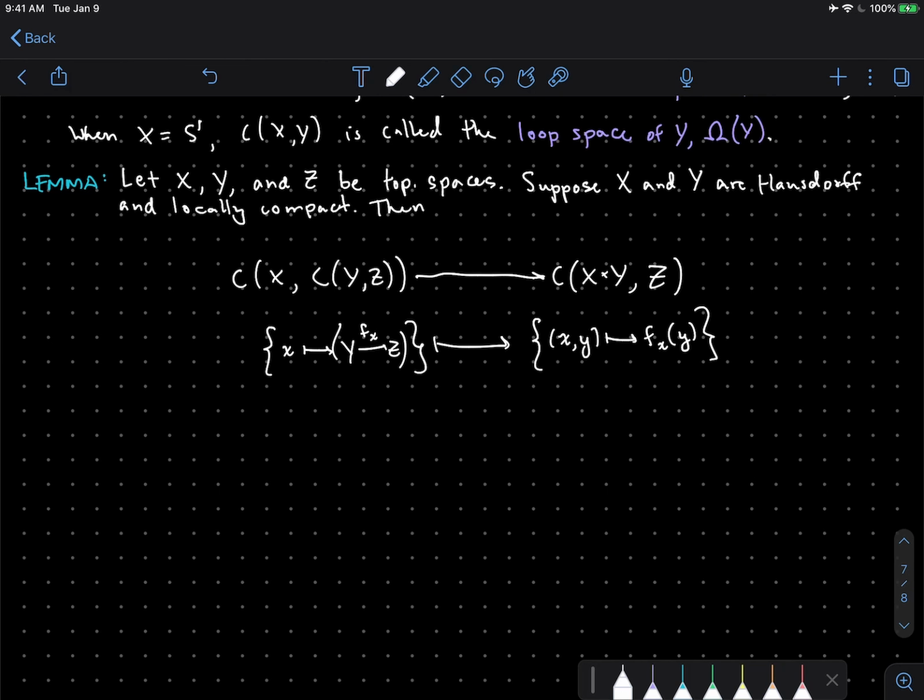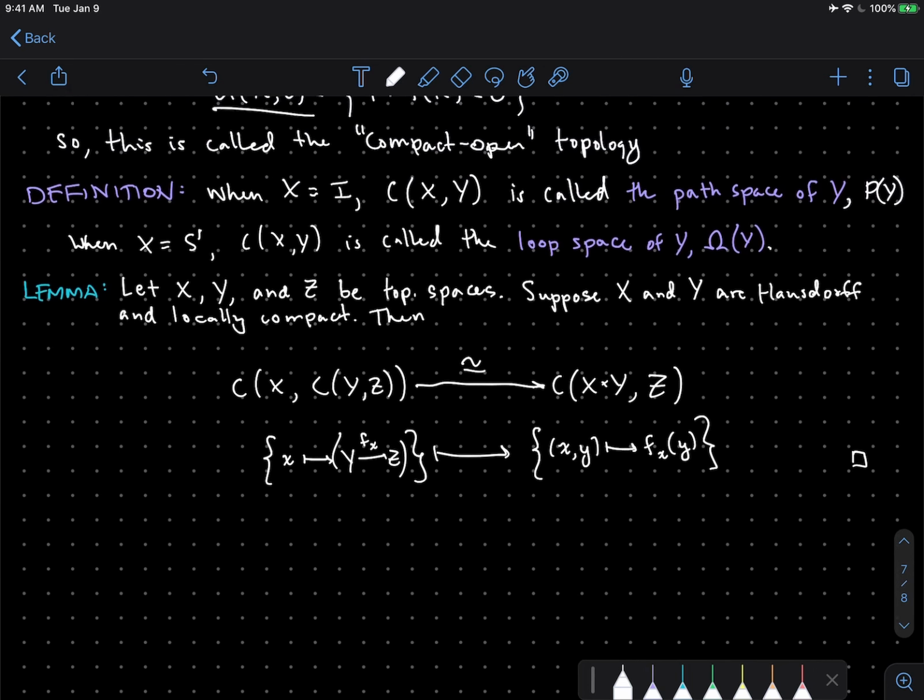And the lemma is that this map is in fact a homeomorphism. So I will leave that up to you to find a proof for yourself.